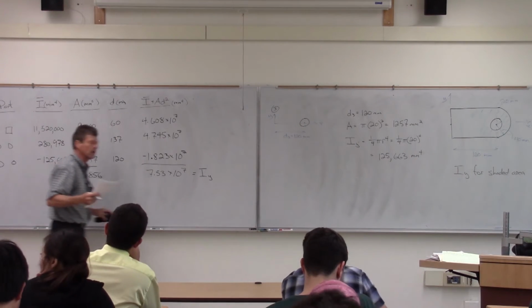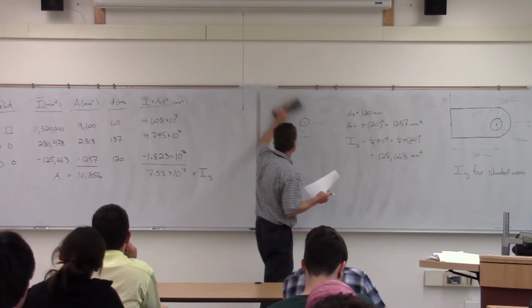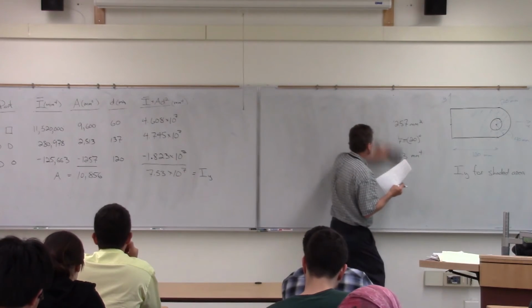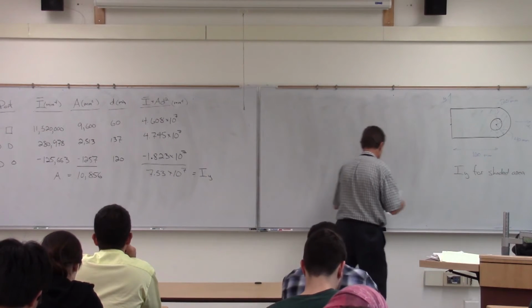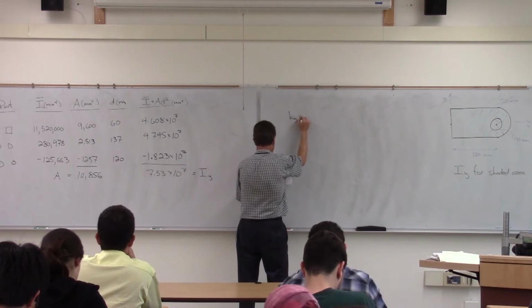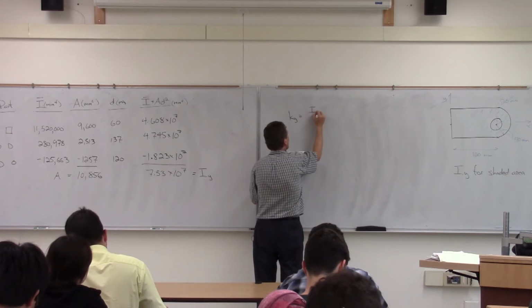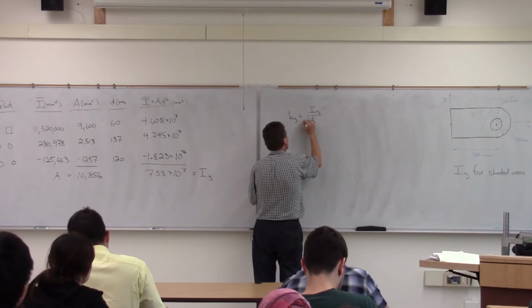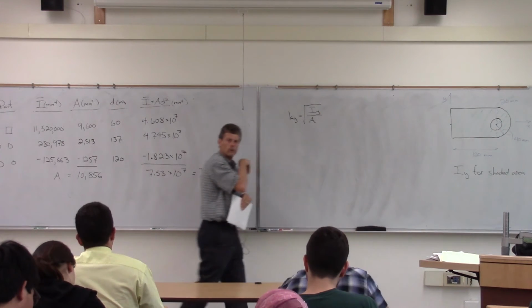Now, one other thing, again, if you're a steel guy, you're going to want to know the radius of gyration. And we just simply go and approach it via that form.